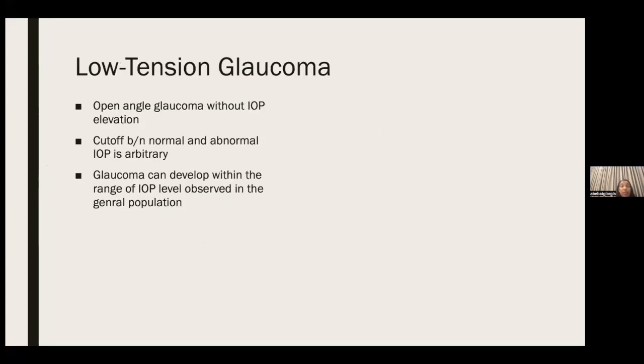So coming to low tension glaucoma, it's an open angle glaucoma without IOP elevation. The cutoff between normal and abnormal intraocular pressure is arbitrary. And glaucoma can develop within the range of IOP level observed in the general population, meaning within the IOP level which is considered as normal.